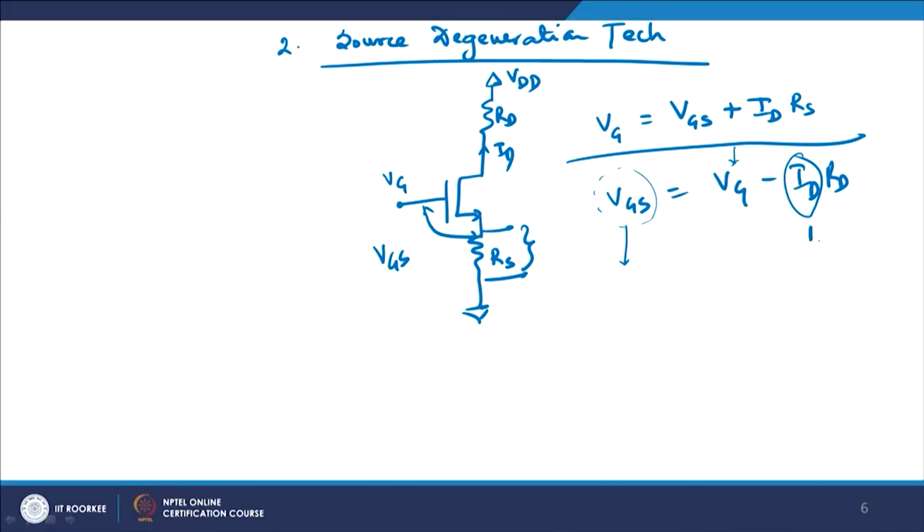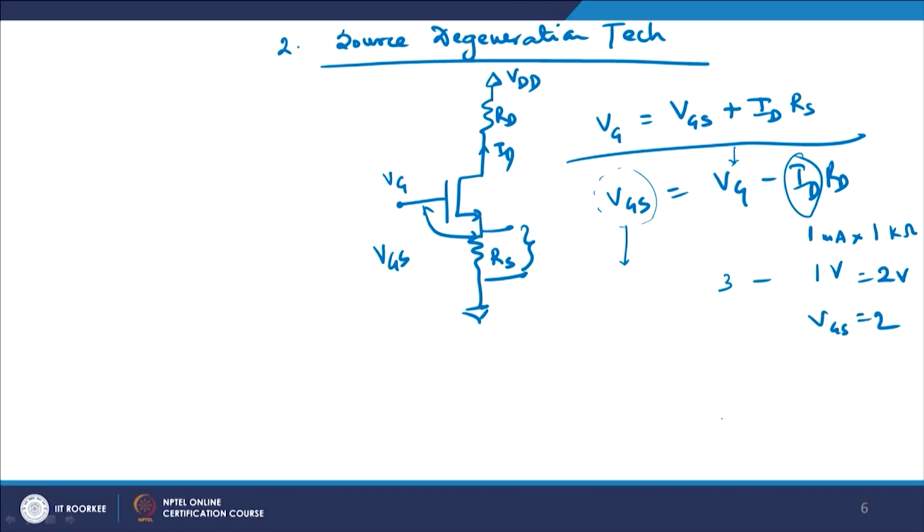I will just show you how it works out. Say ID was 1 milliamp. So 1 milliamp multiplied by RS, say 1 kilo ohm, gives 1 volt. Say VG was equal to 3 volts. So 3 minus 1 is 2 volts. So VGS was equal to 2 volts.